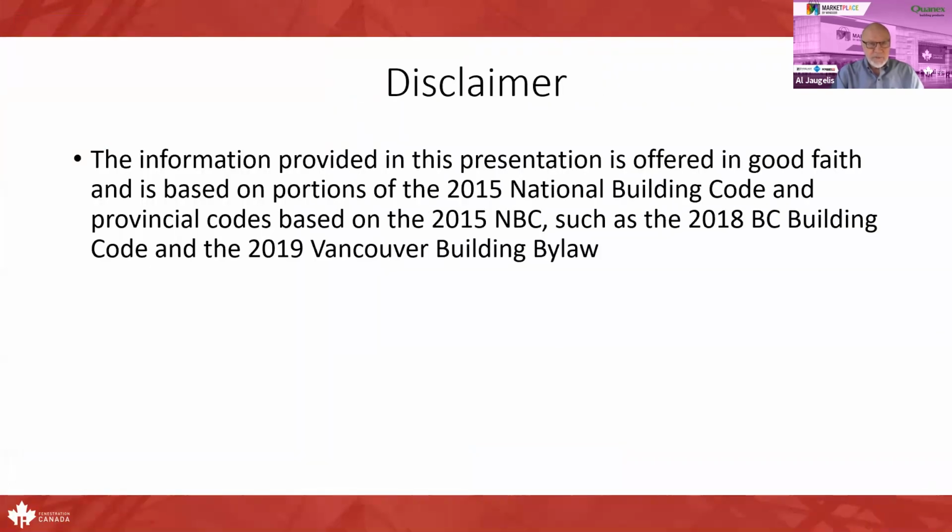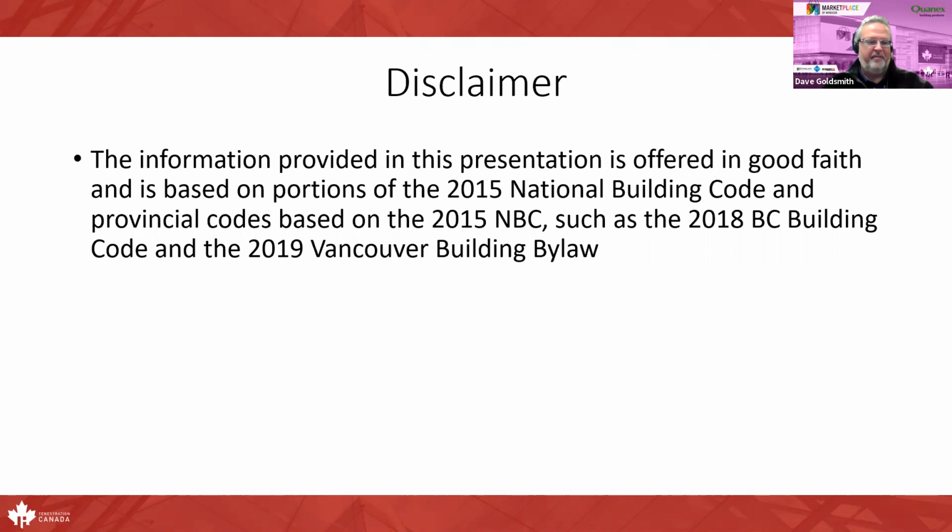Now, we're just going to give you some clarity here. The information we're providing here is in good faith based on portions of the National Building Code, the 2015 code, and provincial codes based on the 2015 code, such as the 2018 Vancouver Building Code, the 2019 Vancouver Building Bylaw, the 2019 Ontario Building Code, and possibly the Alberta Building Code, Dave.